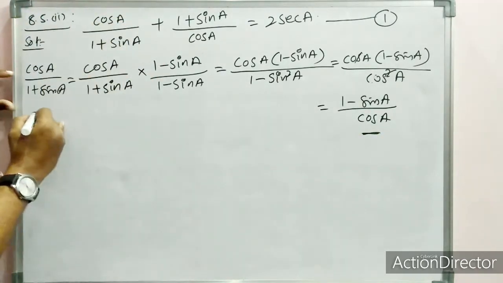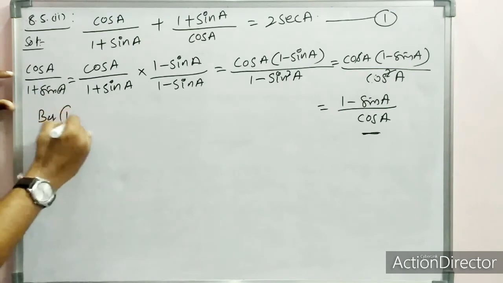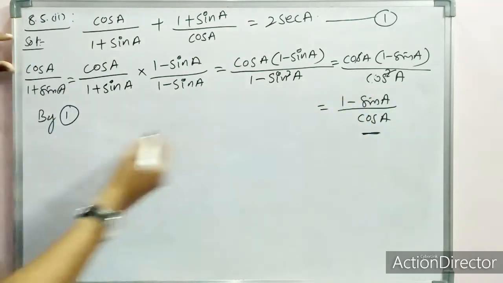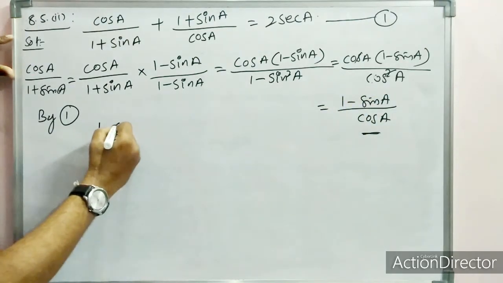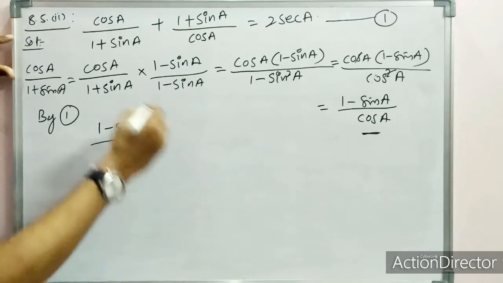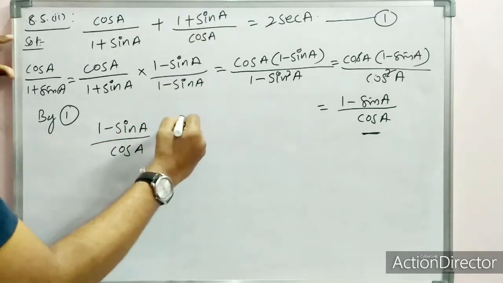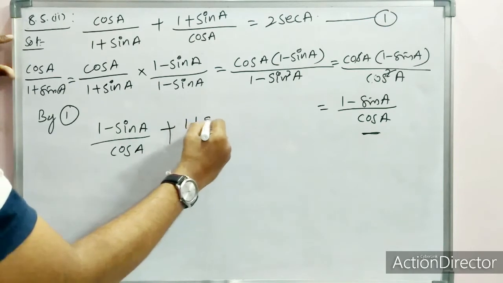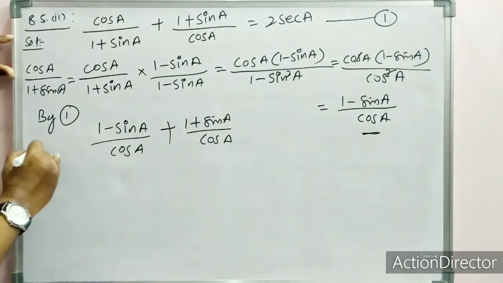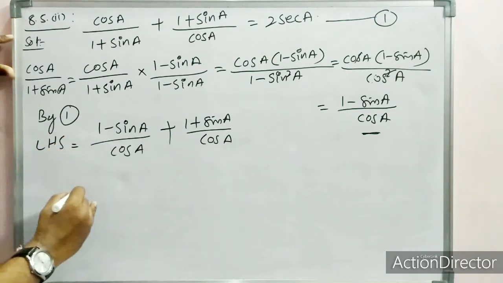Now you take the equation, therefore equation 1. So this part you replace by this one, that is (1 minus sin A) by cos A plus, this I am writing as it is, (1 plus sin A) by cos A. So this is the LHS part only.